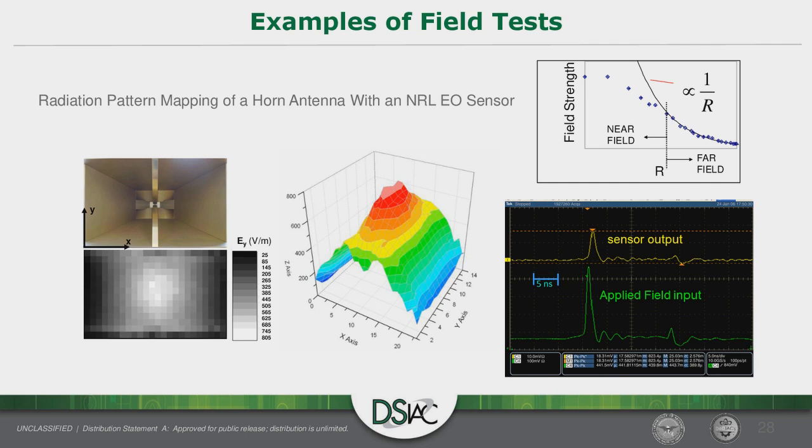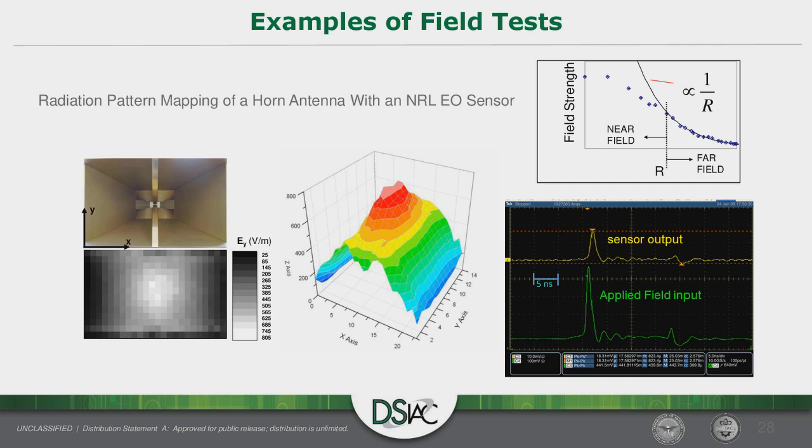Now this is an interesting experiment carried out at NRL. We had a horn antenna, and we applied the pulsed signal shown here. Then the sensor detects the signal directly, duplicating the pulse shape. We put the sensor very close to the horn antenna, right at the mouth of the horn antenna, and away from the horn antenna, to measure the near field, then the far field. At a certain distance, it follows 1/R behavior.